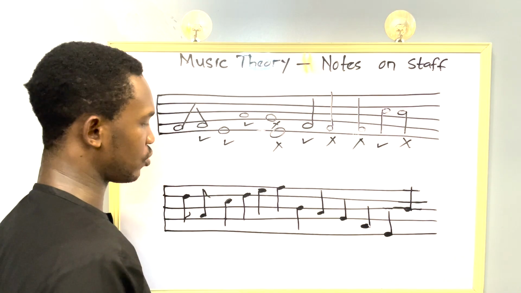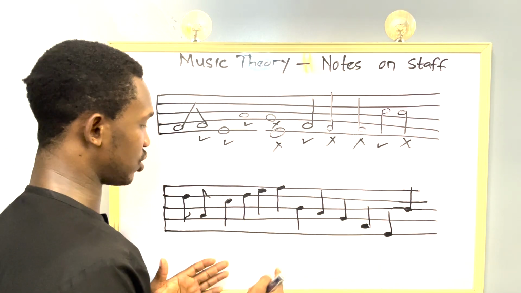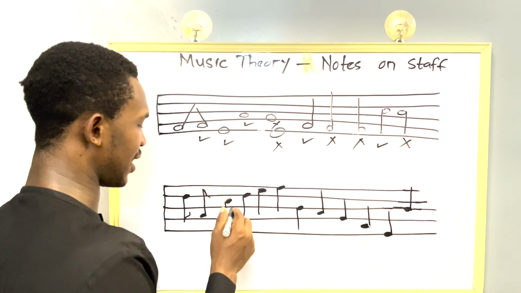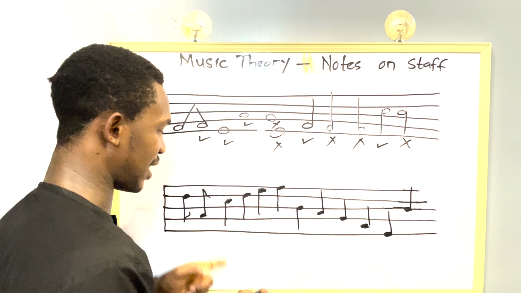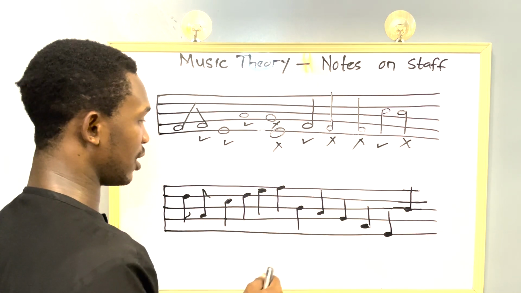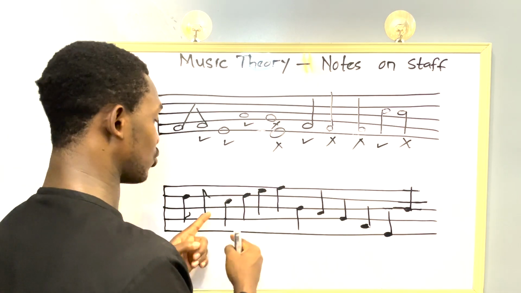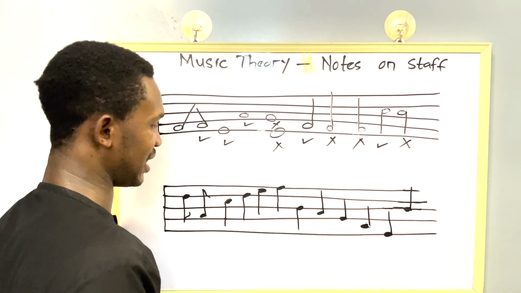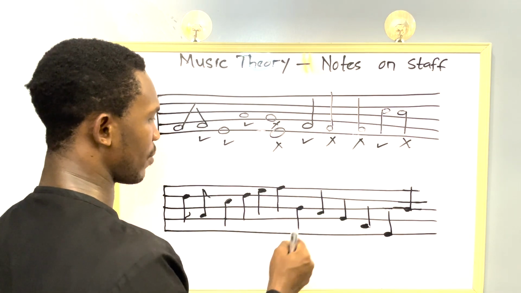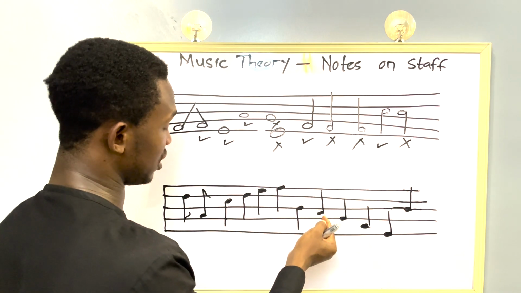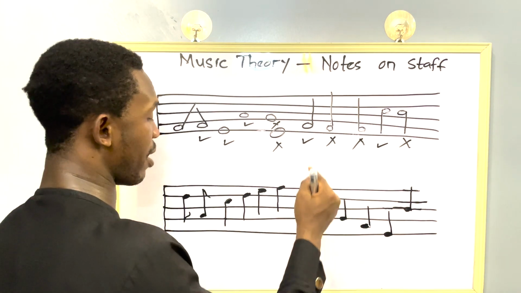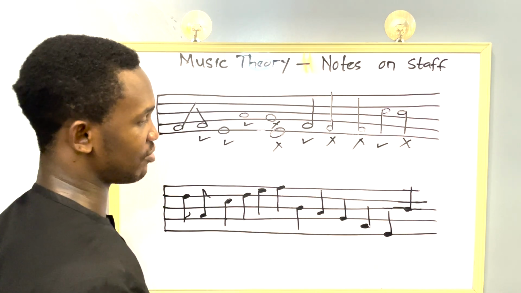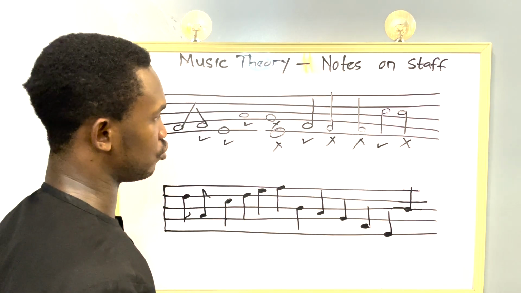So when you have your note above the third line, the stem goes down from the left of the note head. But when you have your note below the third line, the stem goes up by the right hand side of the note head. So this is very important for us to understand.